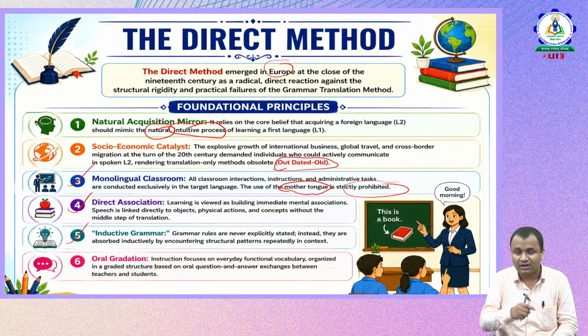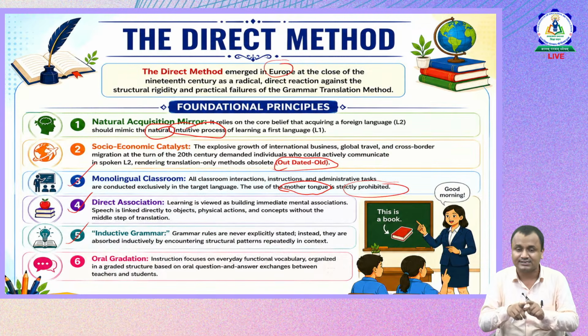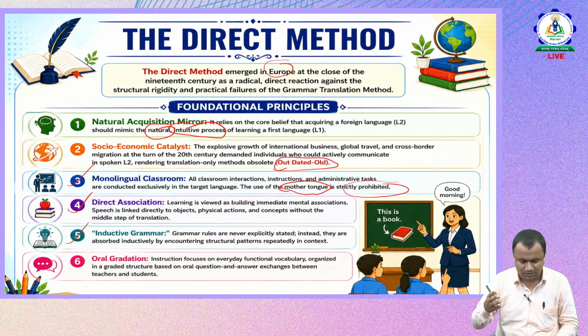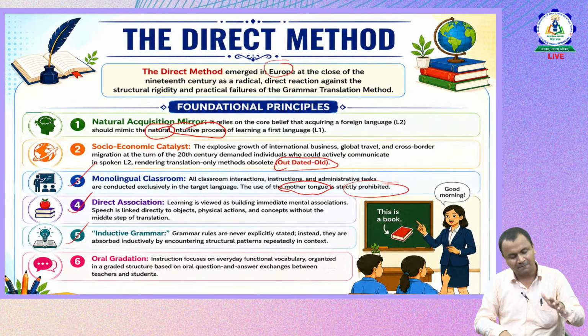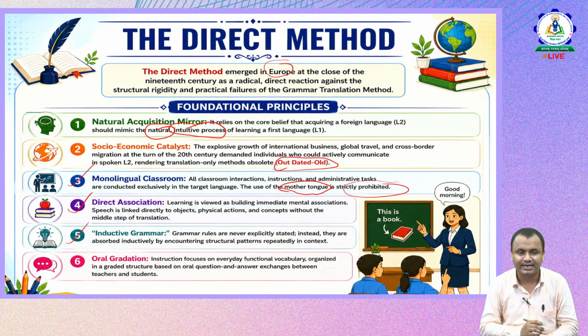What we do is we use various contextualized patterns of sentences and ask the students to find out the similarities, find out the pattern, find out the rule, and then write it in a contextual way. So while teaching through the direct method, we teach grammar in the inductive way, which means from the examples to the rules. And then oral gradation.